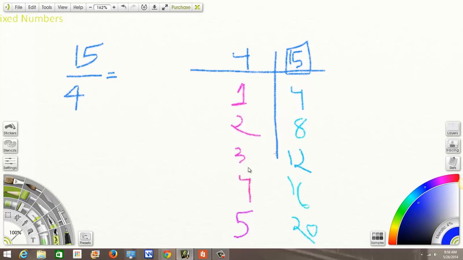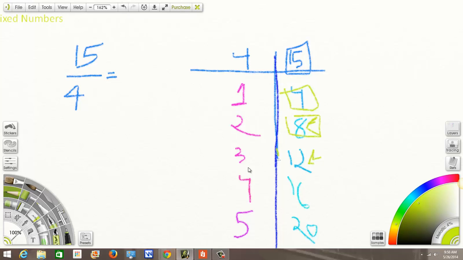And let me just draw this line down the middle. So what is the closest number here to 15? Is 4 close to 15? I mean, it's not that close because 8 is closer to 15 than 4. But let's not choose 8 because 12 is closer to 15 than 8.